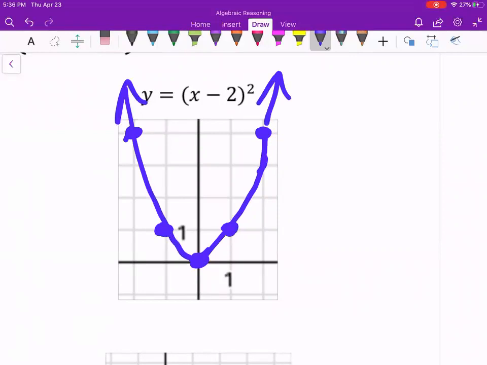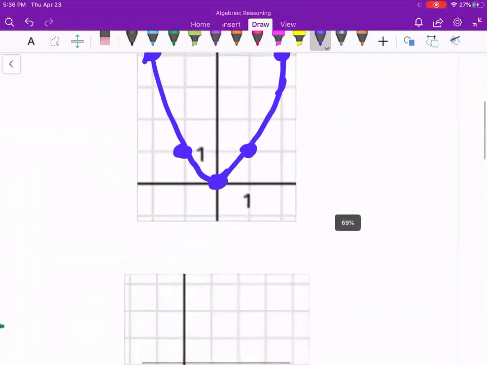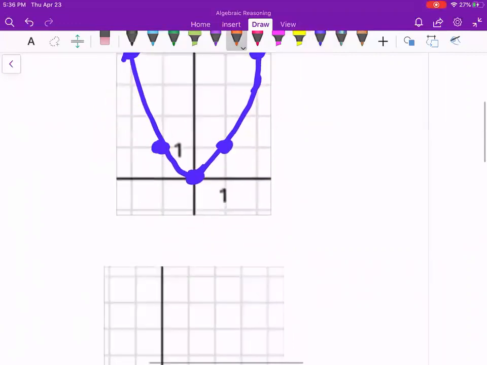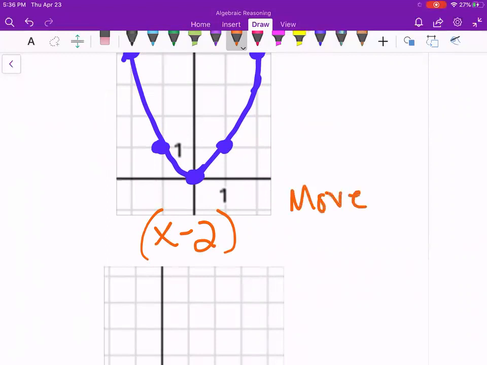So there's our original. So we are going to use that equation, and what we have here, the inside part of this, x minus 2, to draw our new graph. So like before, a minus really means we are moving to the right. So move right.